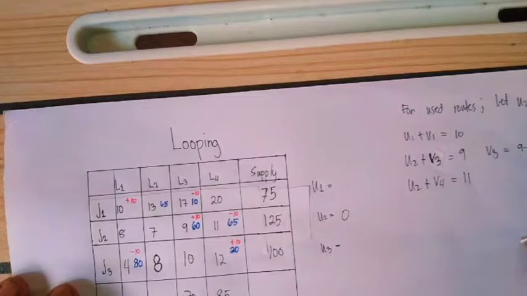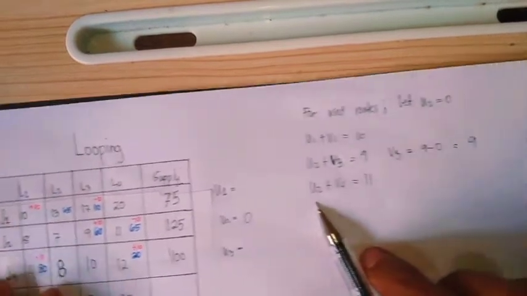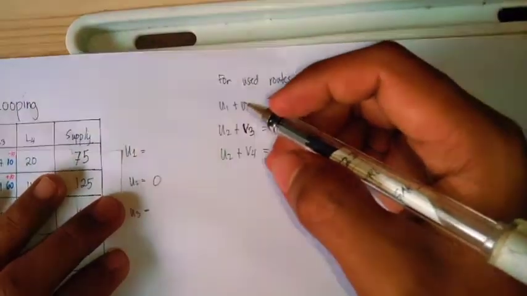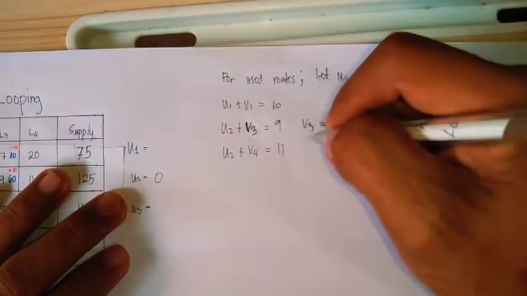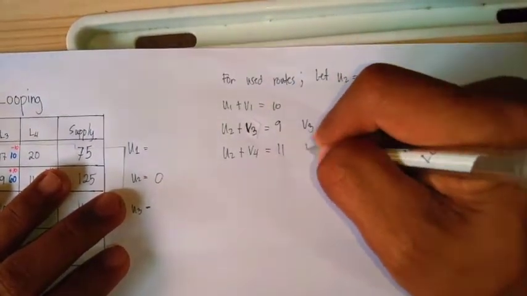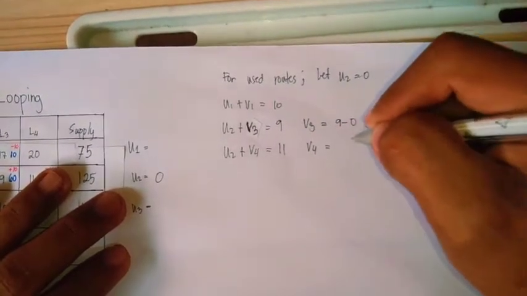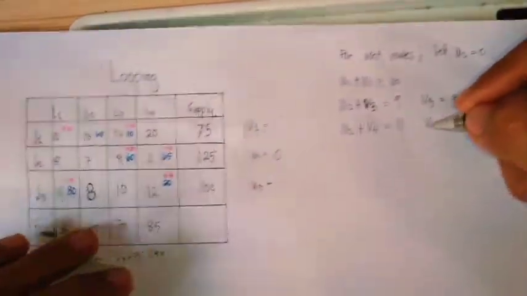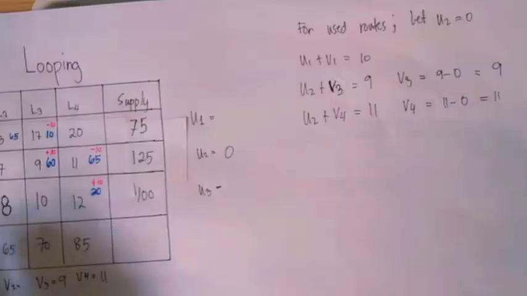Since we have the value of U2, V4 is equal to 11 minus 0. So V4 now is 11.